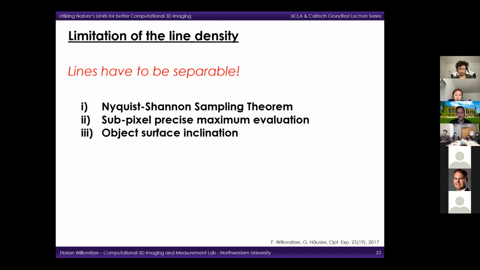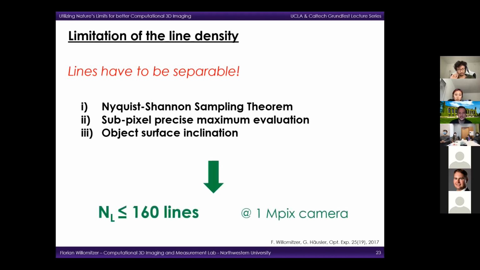To save you from all the math, I can directly tell you the result. We calculated the theoretical maximum for parallel lines that can be projected with a 1 megapixel camera, and this maximum is 160 lines. And our sensor also operates at this limit, meaning that we can really reach this number in our setup.